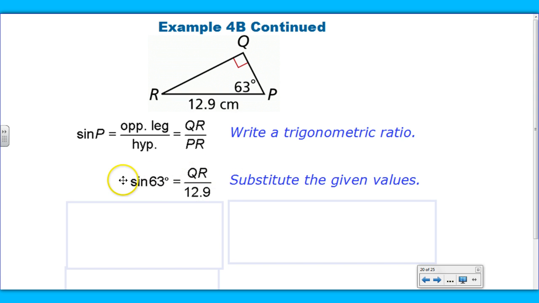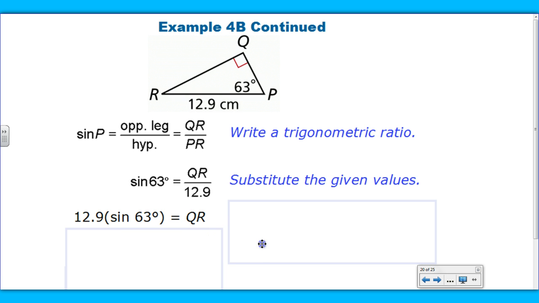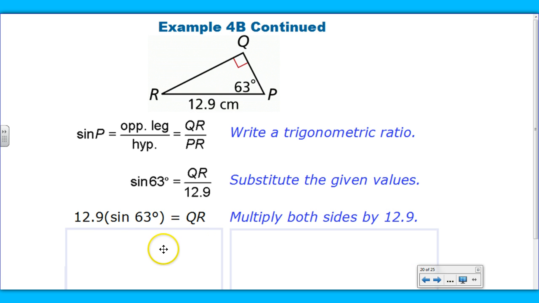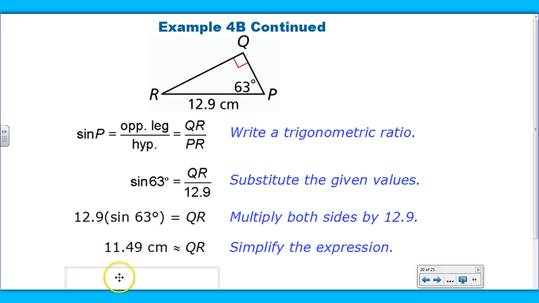This time we simply have to multiply both sides by 12.9. There you go. And we can now use your calculator to find sine 63 degrees times 12.9, and then round it to the hundredths. Come back and check, and you should have 11 49/100 of a centimeter by simplifying your expression.